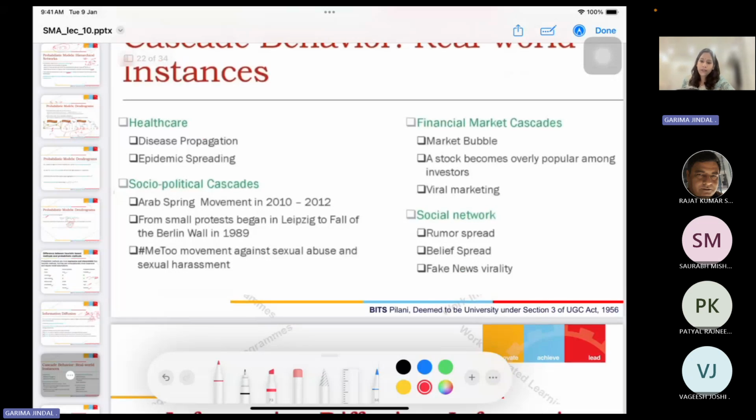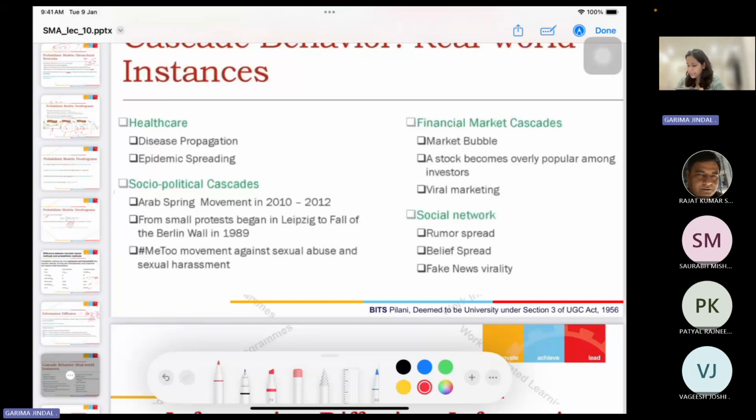Similarly, in social networks you have fake news virality. A lot has been done in this area: why fake news spreads really fast, and how to stop it. You should select certain nodes beyond which the information should not spread.